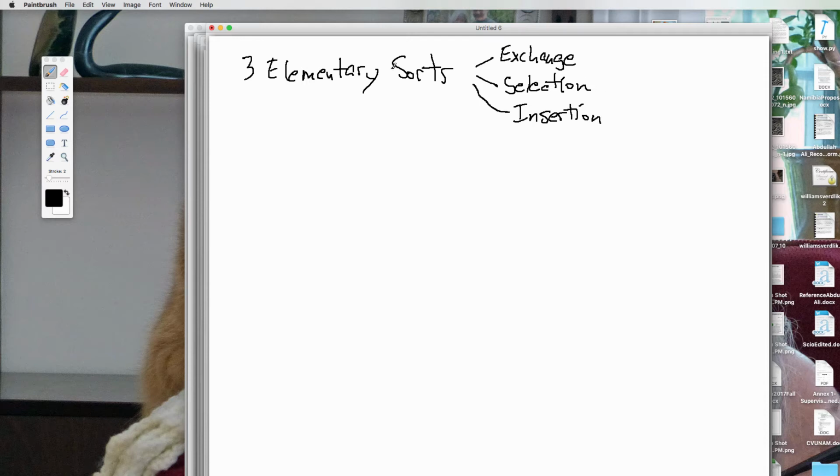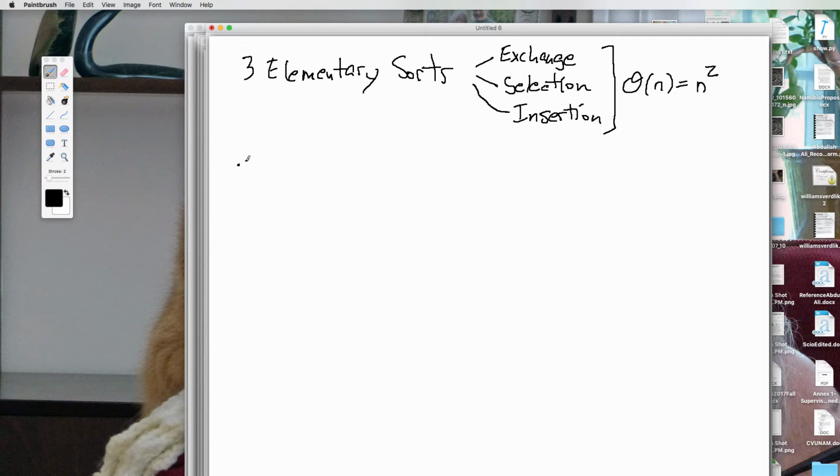We said that the reason why these were called the elementary sorts was because in the worst case time complexity, big O of n was equal to n squared. What we're about to do is get a little better than that.